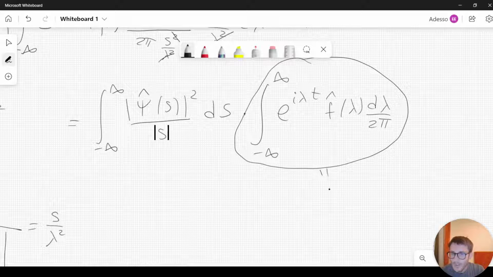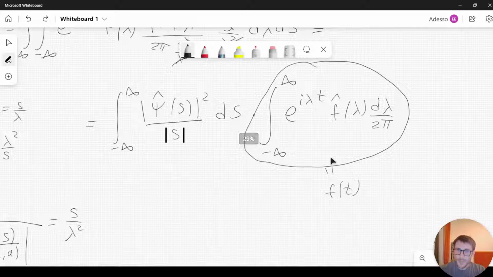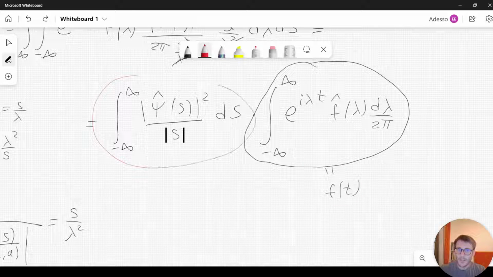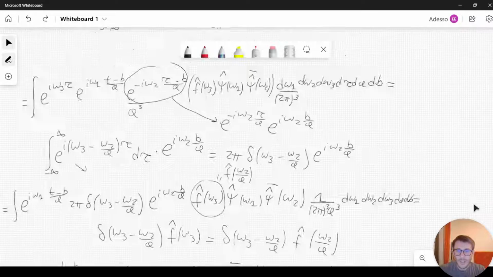So this will be equal to f of t. And then we find f of t multiplied by this integral, which is just a scalar, and that's equal to the starting point.